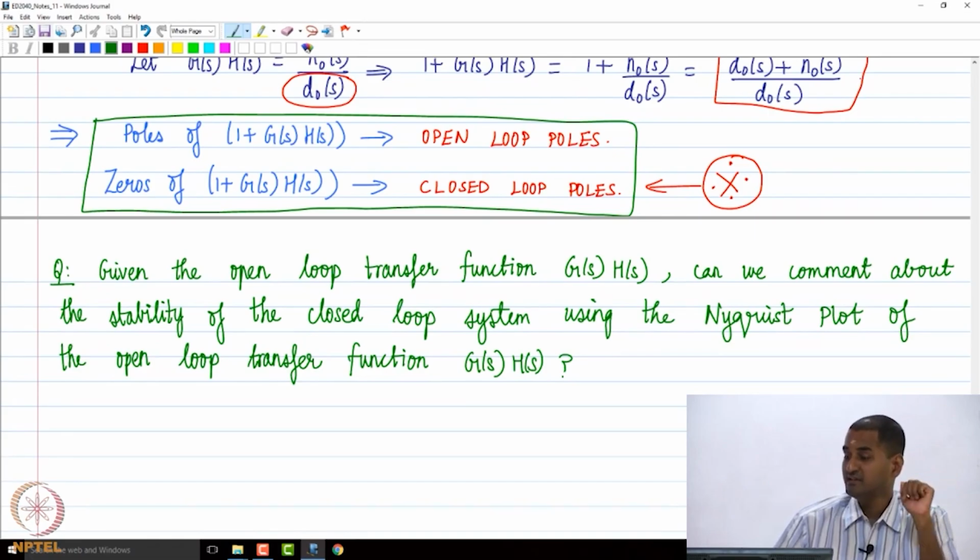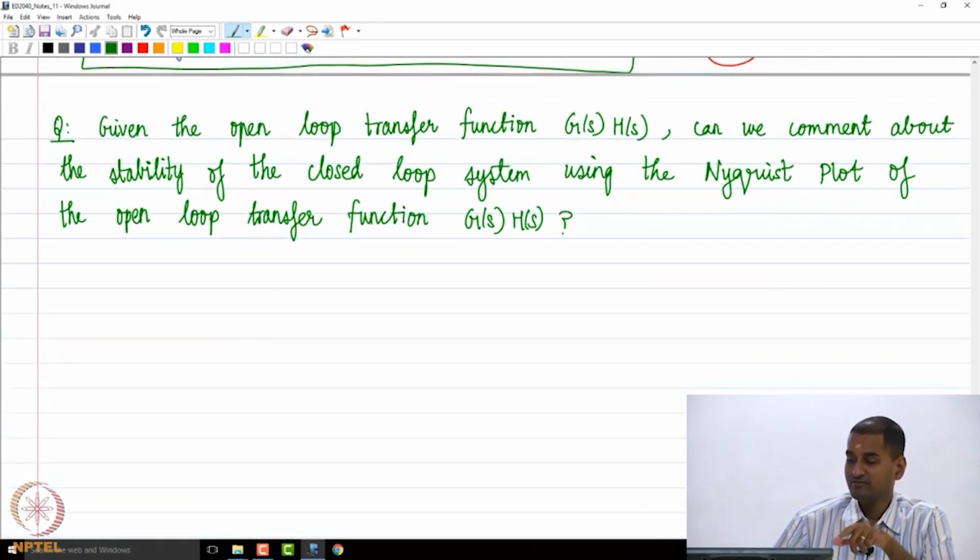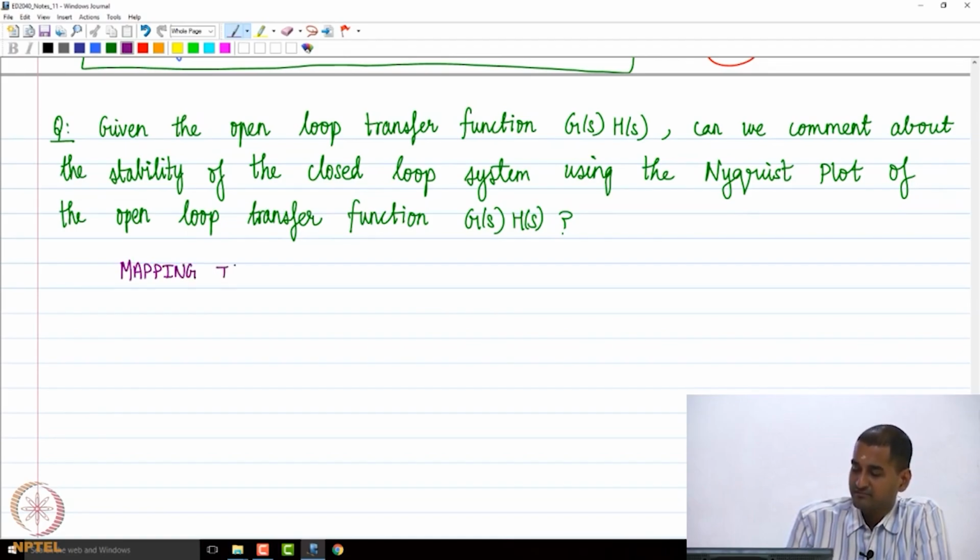The general result on which this stability criterion rests is what is called the mapping theorem, from complex algebra. Once again, I am not going to prove any of this, we are just going to use it.